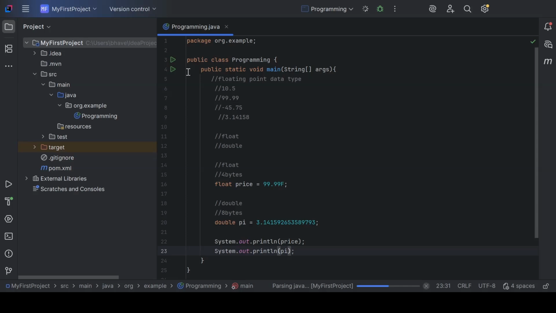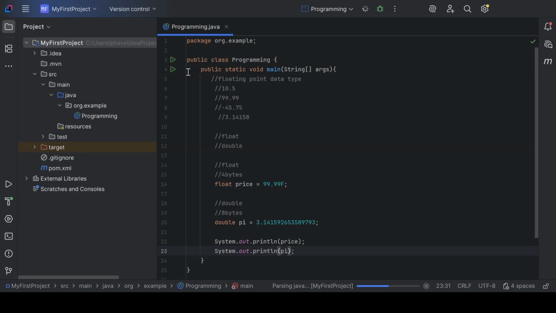So meanwhile, let's understand when to use float and when to use double. So use float when memory usage is a major concern and lower precision is acceptable.